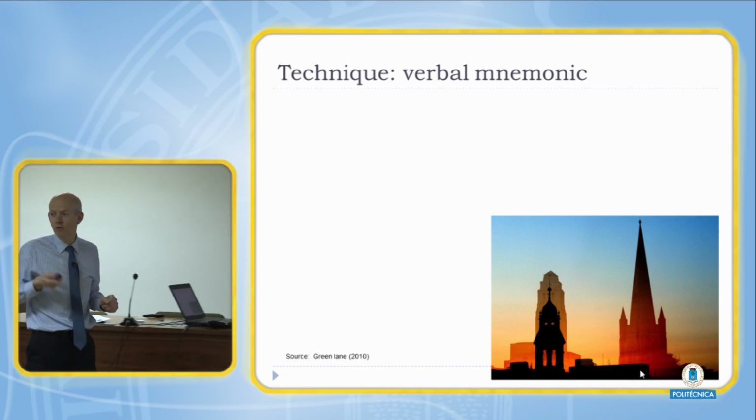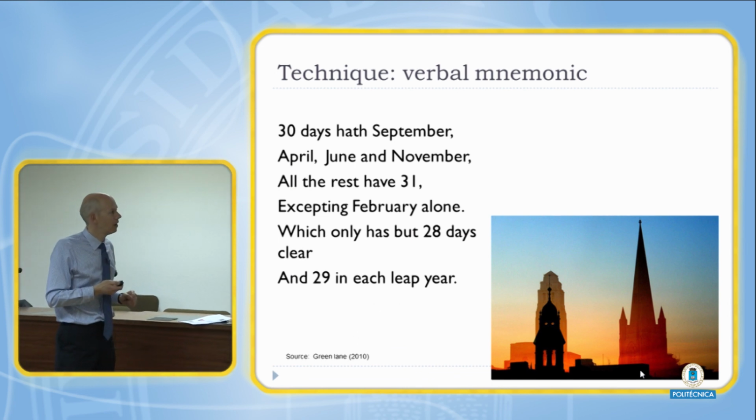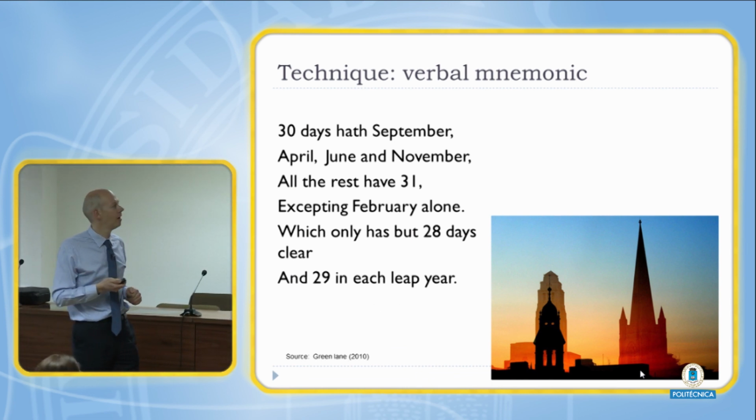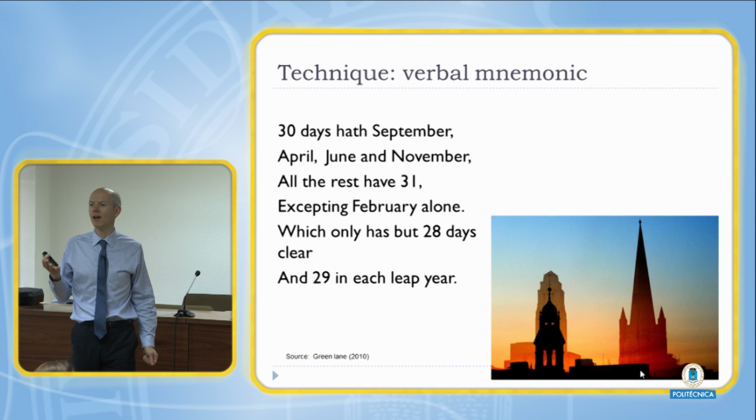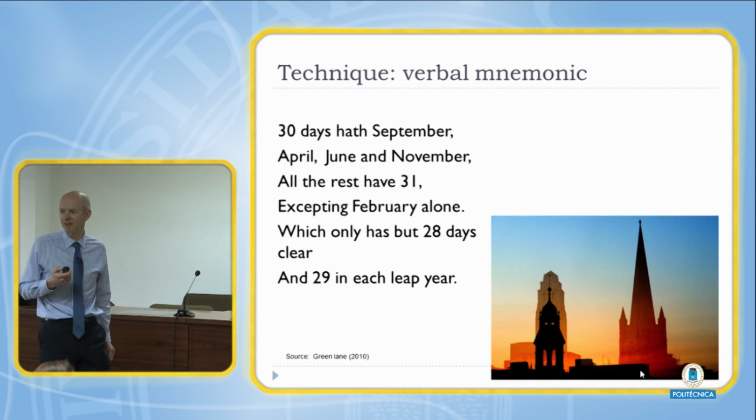So what we can use is the mnemonic of this. 30 days have September, April, June and November. All the rest have 31, excepting February alone, which only has 28 days clear and 29 in each leap year. And by remembering that mnemonic, that helps us to recall that information and know that some years February has 28 days and other years it has 29 days.